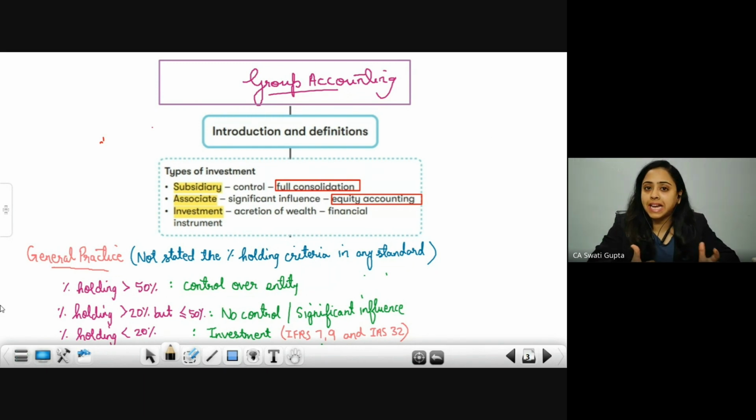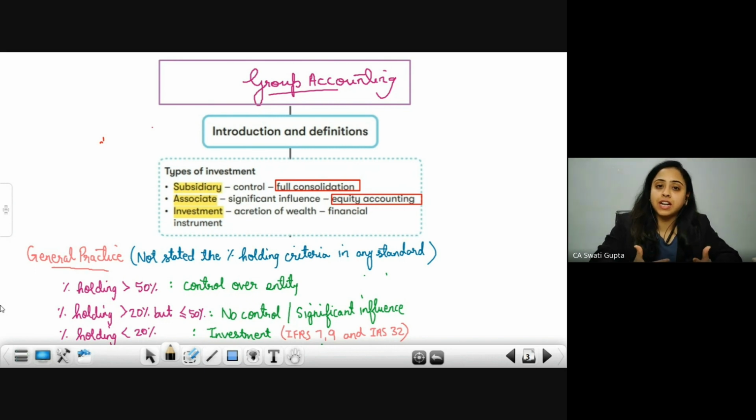Whenever there are multiple entities which are governed by a single parent, or you can say holding company, or an entity which has majority stake, then generally these companies are grouped together and are known as group entities.